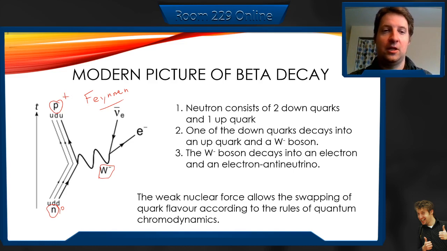So that's a negative W boson. It exists as a virtual particle very quickly, and then it also decays into an electron that heads off this way. So there's our negative charge and our anti-electron neutrino. So first we have our neutron, and then we have our proton. That down quark decayed into a boson, and then the boson itself decays into two actual particles, an electron and an antineutrino.